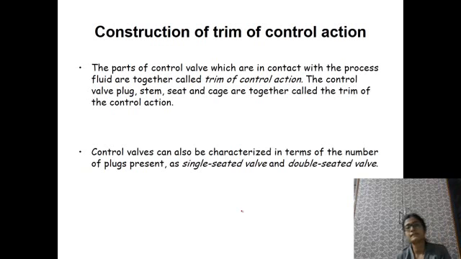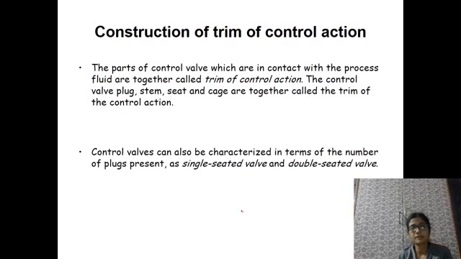Next is stream of control action. What is stream of control action? The parts of the control valve which are in contact with the process fluid. Just note the point that the control valve consists of stem, plug and seat area.